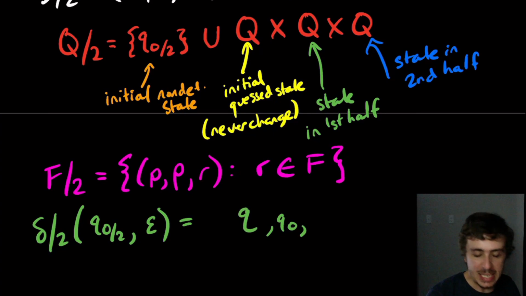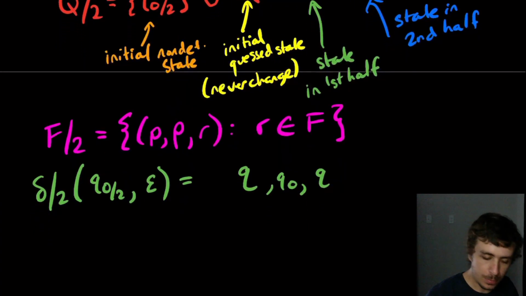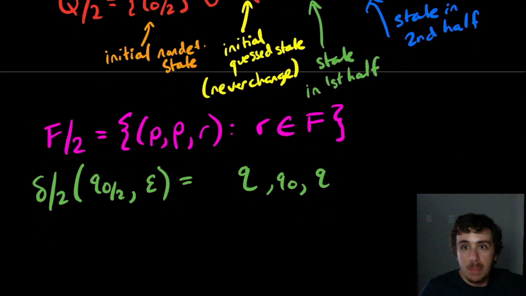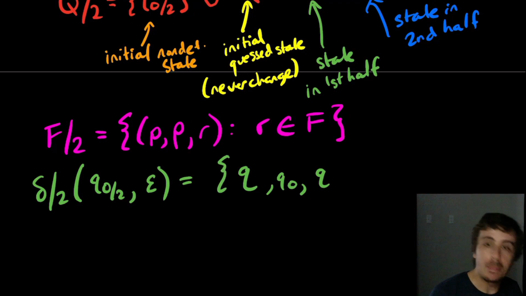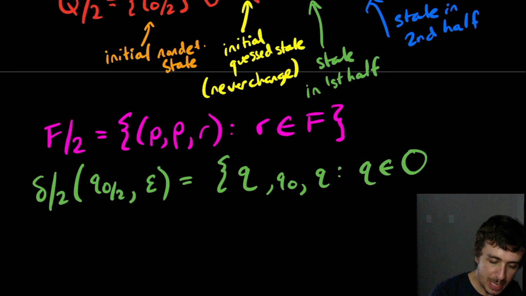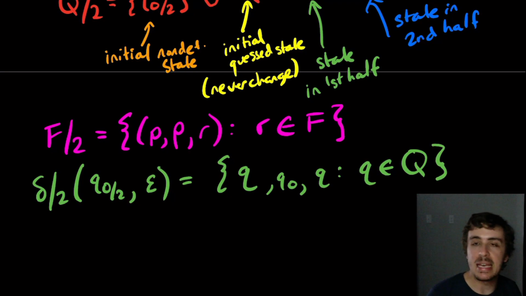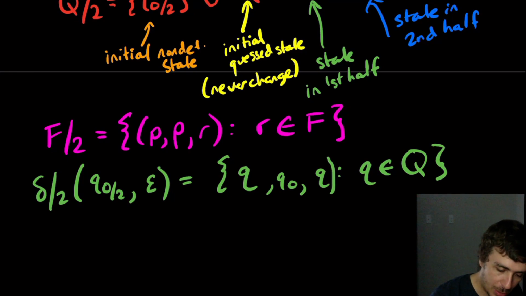Whatever this state is has to be exactly the same as the one over here. But it could be any one of the original states at all. So what we're going to do is non-deterministically choose: let Q be an original state in the original DFA. And actually, I should make this an ordered triple, because these states are triples, of course.